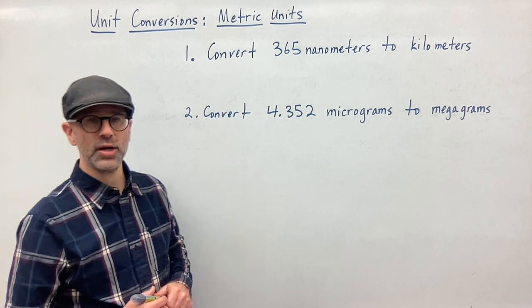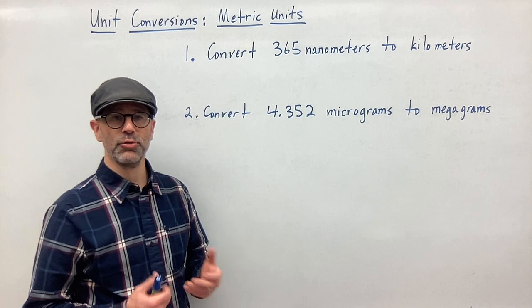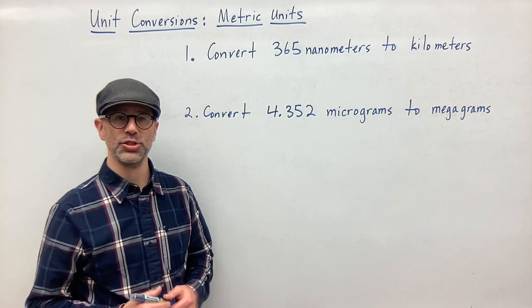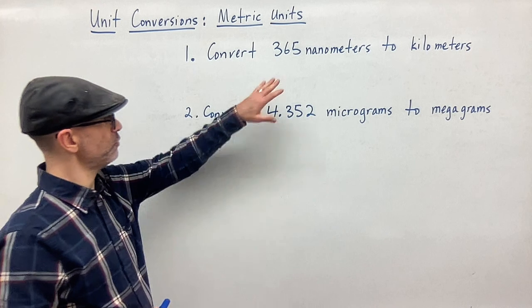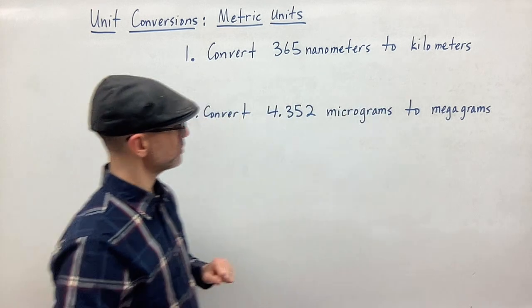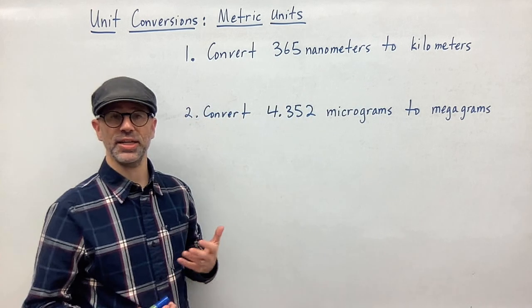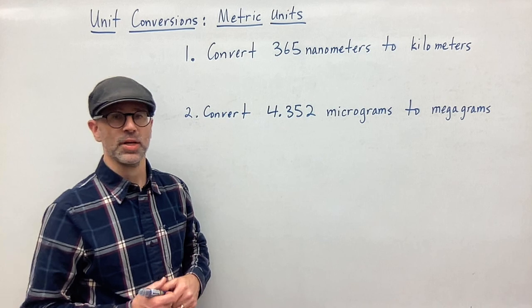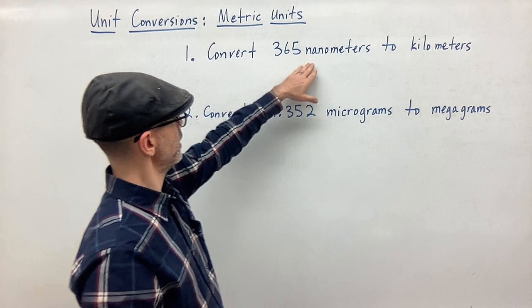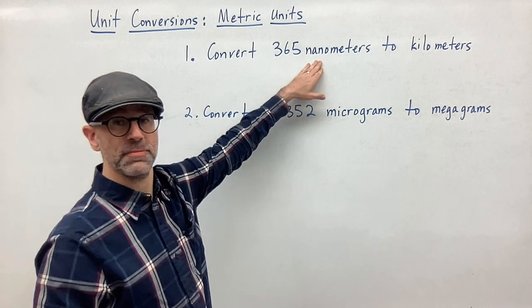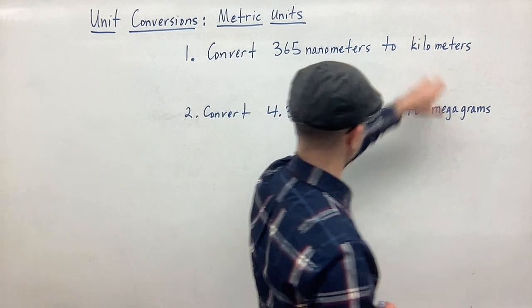So problem number one, you're asked to convert 365 nanometers to kilometers. And so you're going from this unit to this unit. So you need to set up the conversion factors. What we have here is nanometers. We're given nanometers and we're trying to find kilometers.